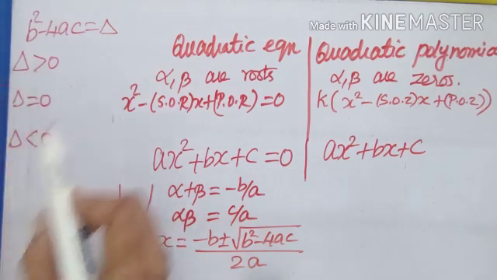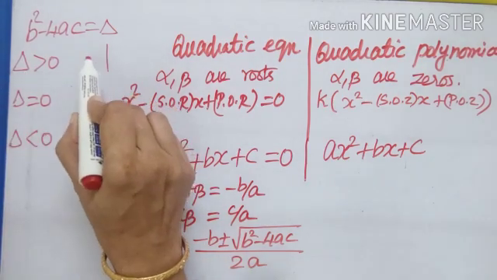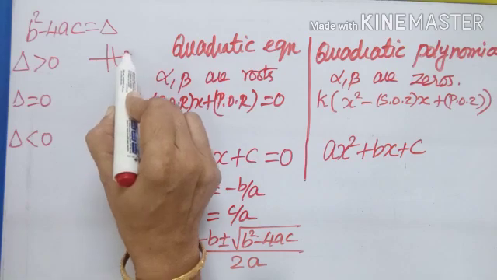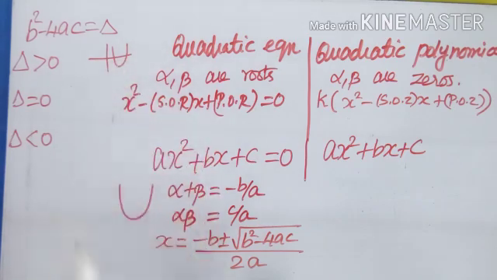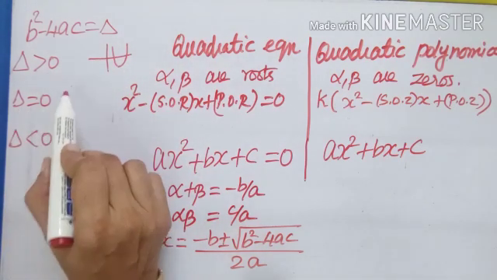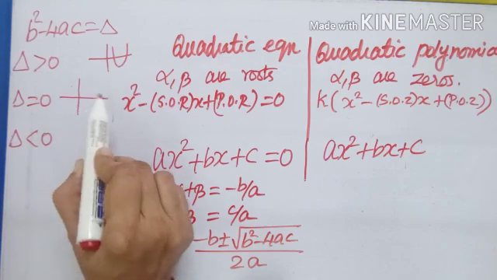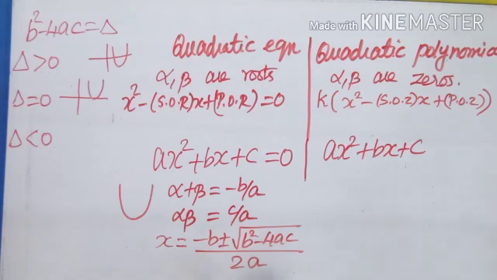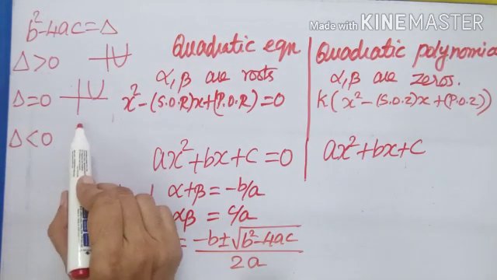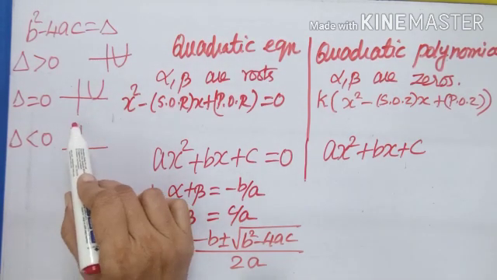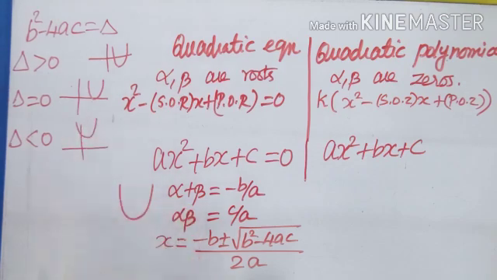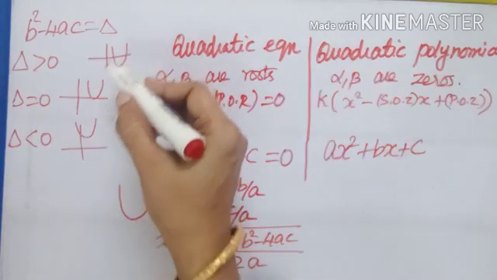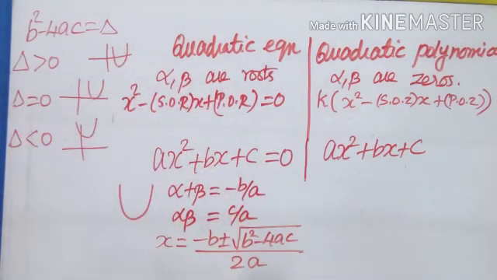When it is greater than 0, the curve cuts the x-axis at two different points. When it is equal to 0, the curve touches the x-axis at only one point. And when it is less than 0, the curve is entirely above the x-axis. So this will help us to find out the roots.